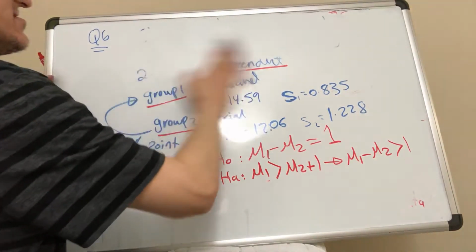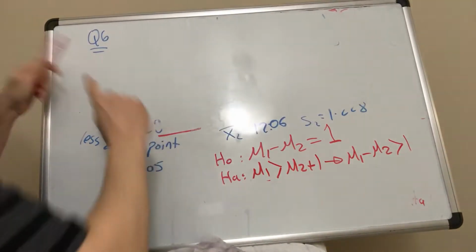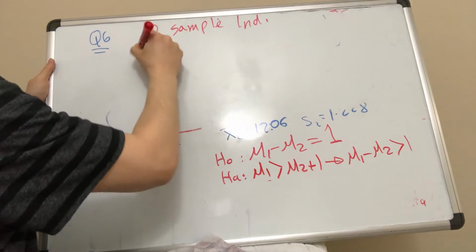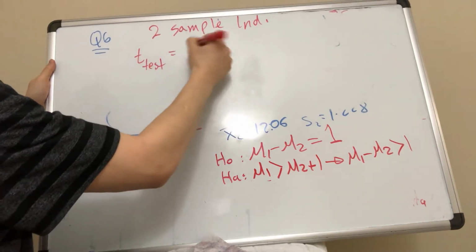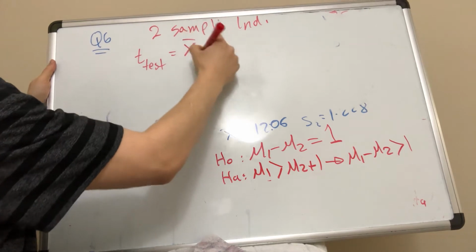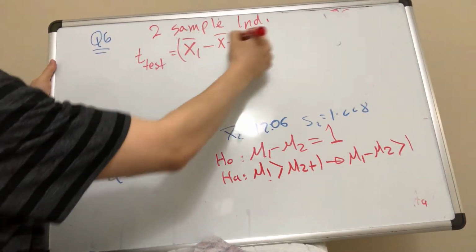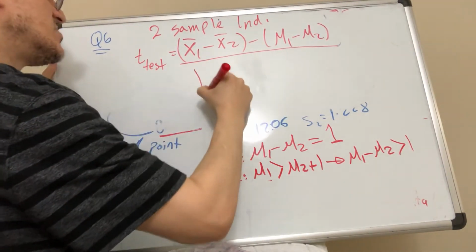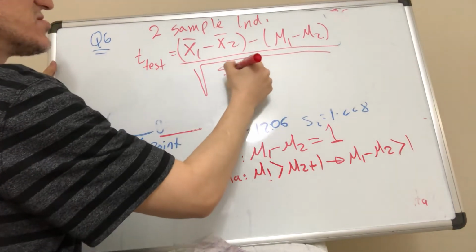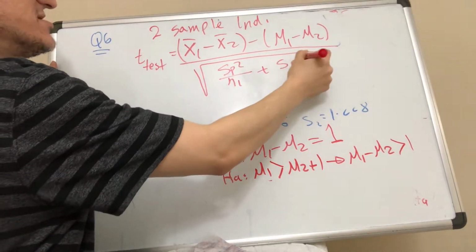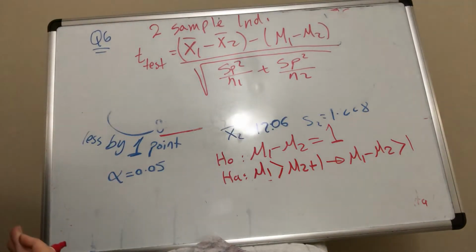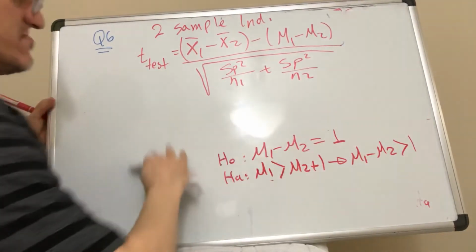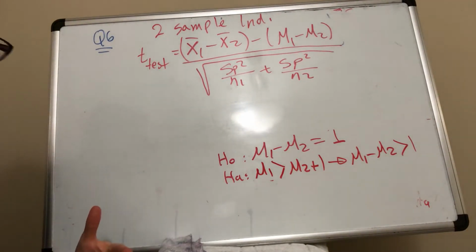So for a 2 sample independent system, the t-test is average group 1 minus average group 2, minus (mu1 minus mu2), over the square root of sp squared over n1 plus sp squared over n2. Now, we're missing sp, so you need to calculate sp first.